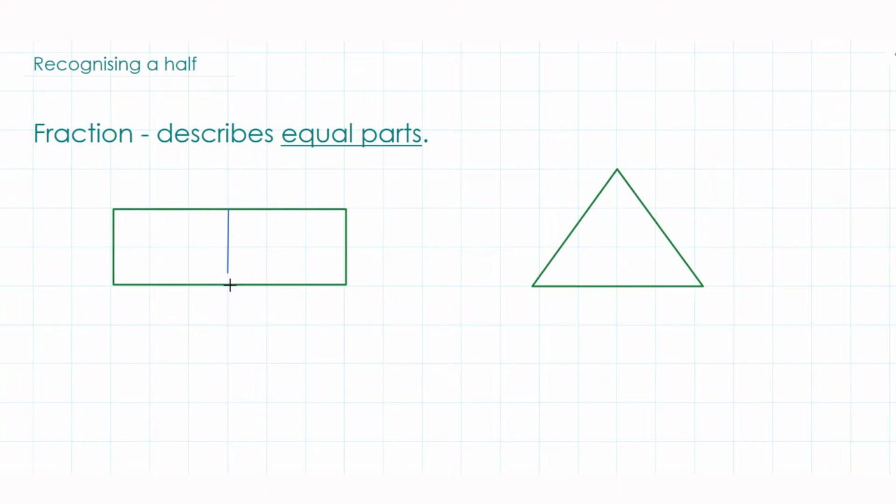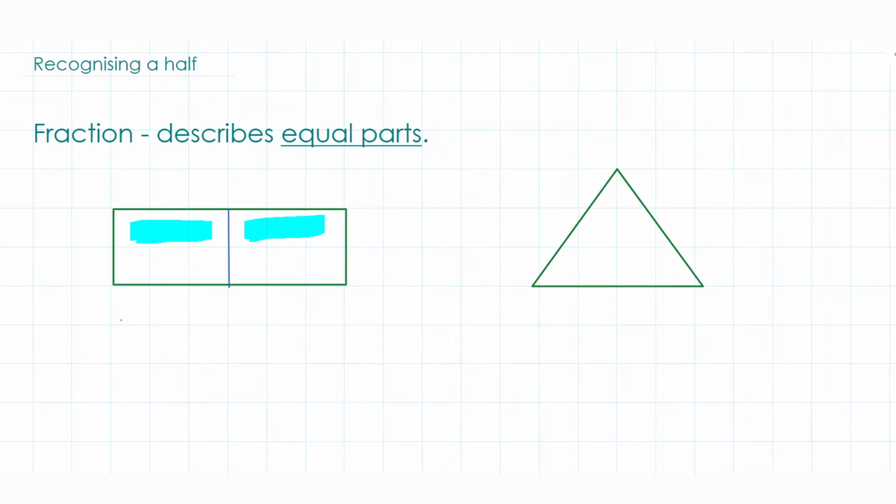If I draw a line from there to there. So what do you think? Have I split it up into equal or unequal parts? That's right. I split it up into equal parts, haven't I? How many equal parts have I split the whole up into? Yes, I split the whole up into 2 equal parts. This part here and this part here. And they're both exactly the same.